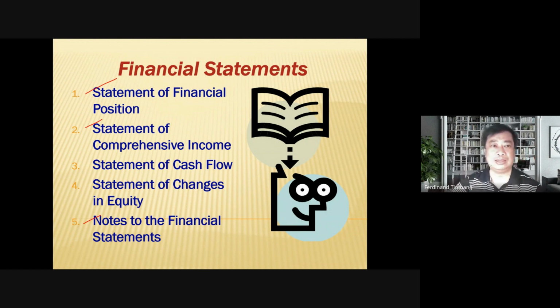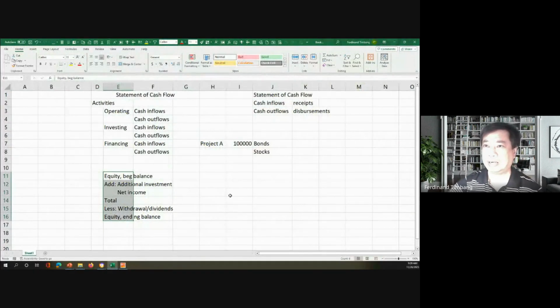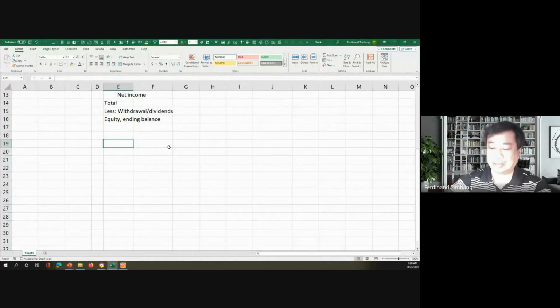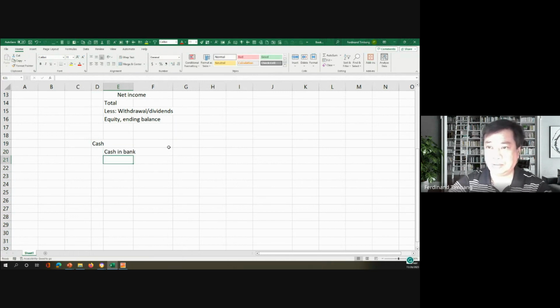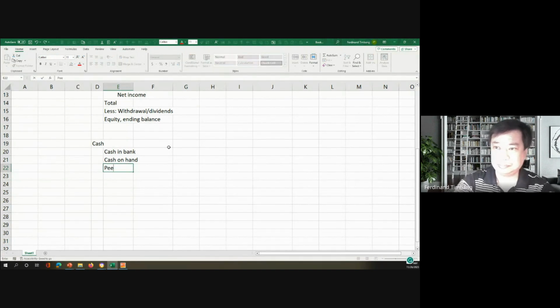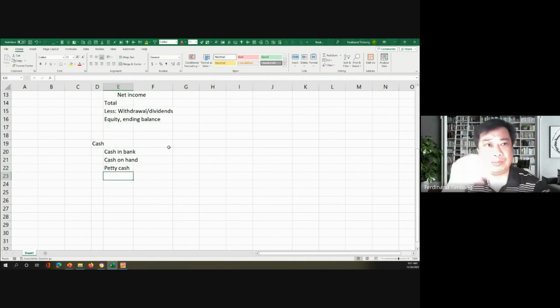Paano sinasabi natin details? So for example, pagdating sa cash, yung cash, marami tayong detalye rin. Yung cash account, for example. So for the cash, you can have the cash in bank, or you can have the cash on hand. Tapos meron kayong petty cash. So ganyan. Paano kung marami pa kayong branches?